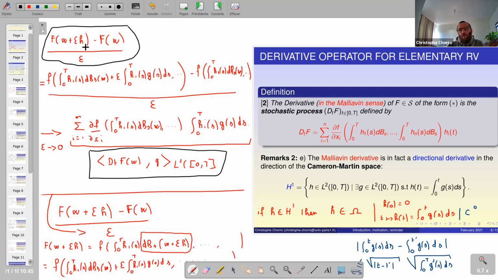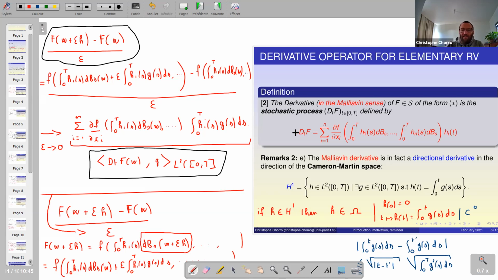The limit is the directional derivative of F in the direction of h, and I see that I can express this directional derivative using the Dt of F I have defined here.